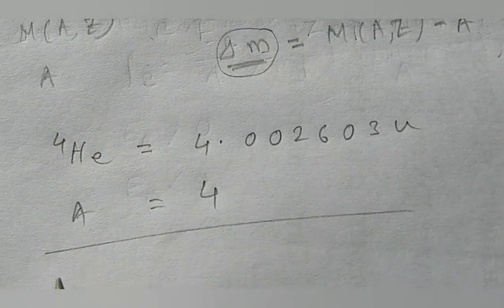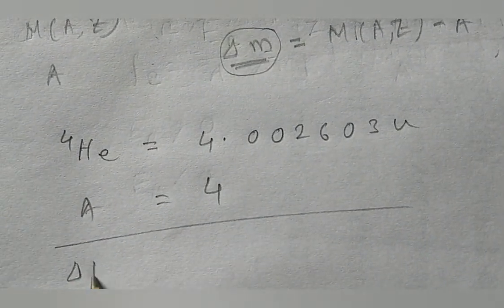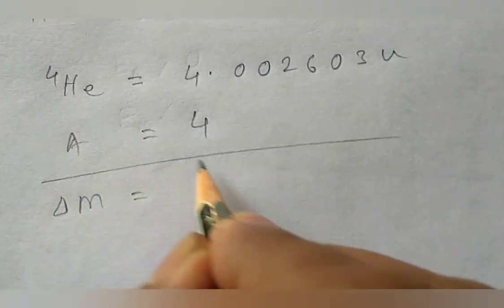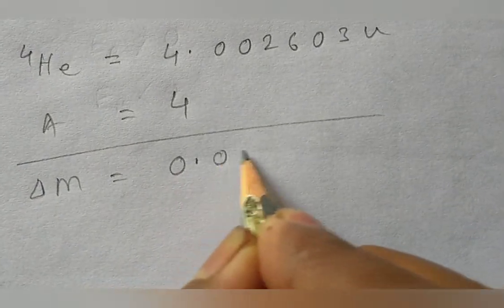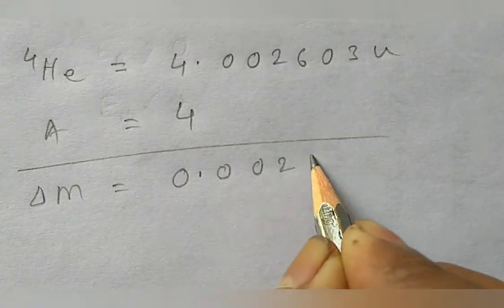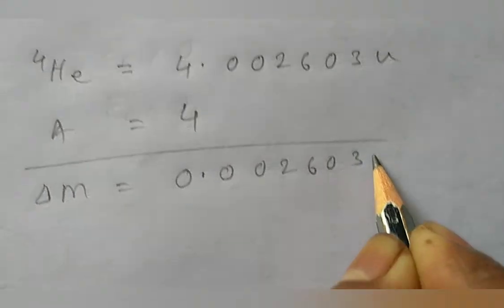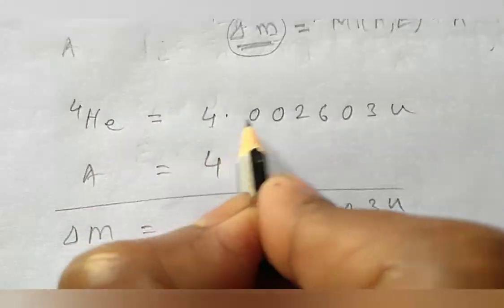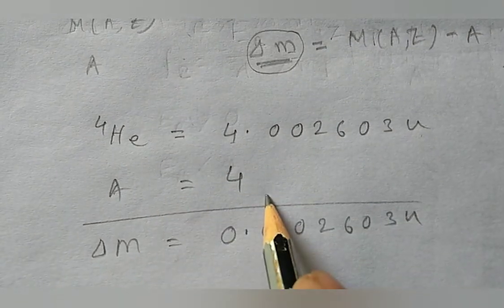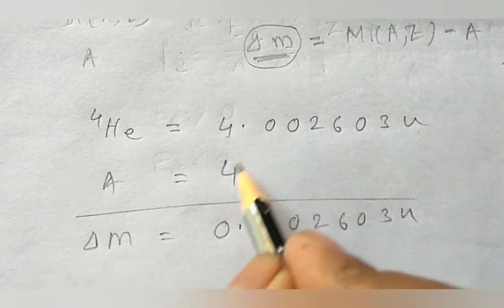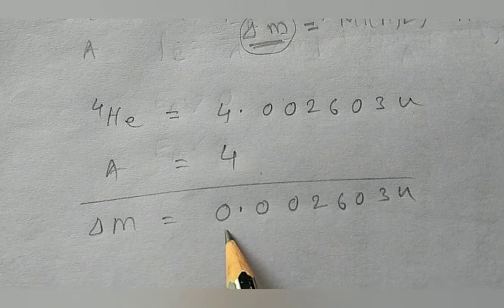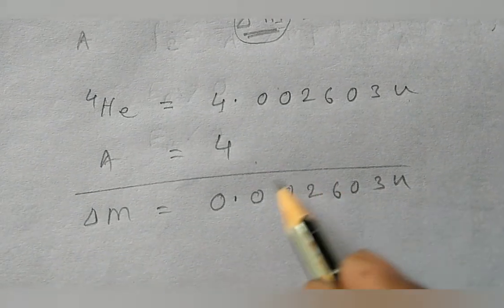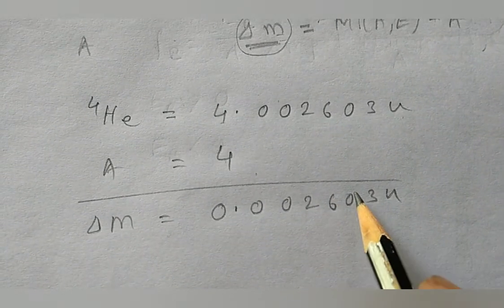Then mass defect will be delta M equal to 0.002603 U. This is the measured atomic mass of helium atom. This is mass number, and this is the difference between them. This is the mass defect of a helium atom.